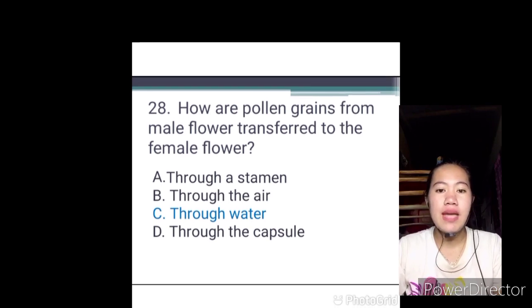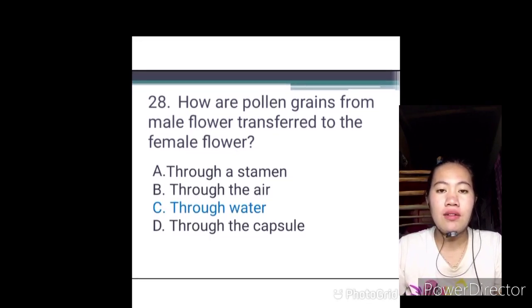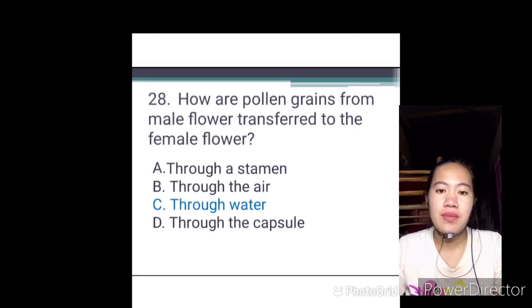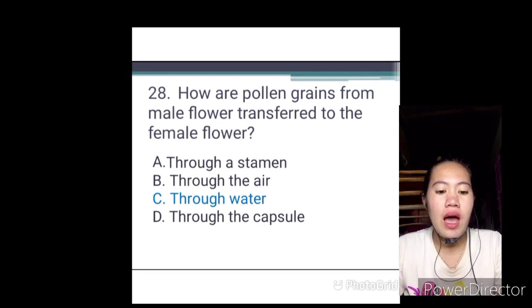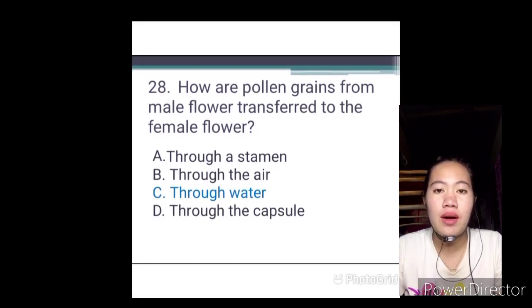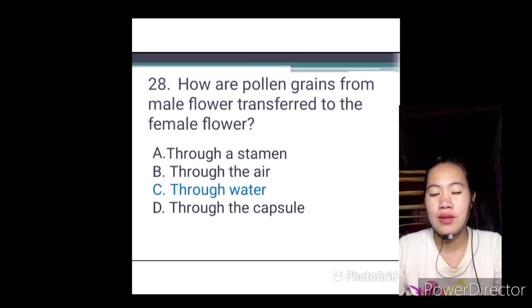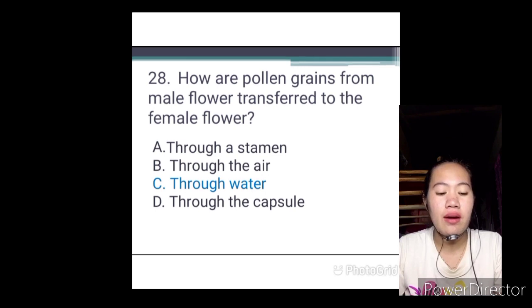Hello everyone, I am tasked to answer numbers 28 to 30 of the LET Reviewer of Biology. So I'll start with number 28. How are pollen grains from male flower transferred to the female flower? There are 4 choices. Letter A, through stamen. B, through air.